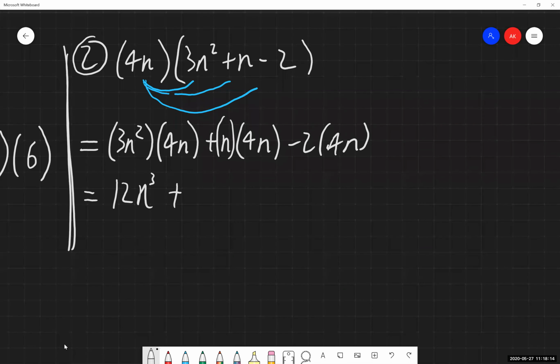Working with the numbers, there's only a 1 in front of the n. n times n is going to give me n squared. And then for the final term, minus 2 times 4n. A negative 2 times a positive 4 is going to give me a negative 8. There are no other n's in that term, so the n just follows along as it was.